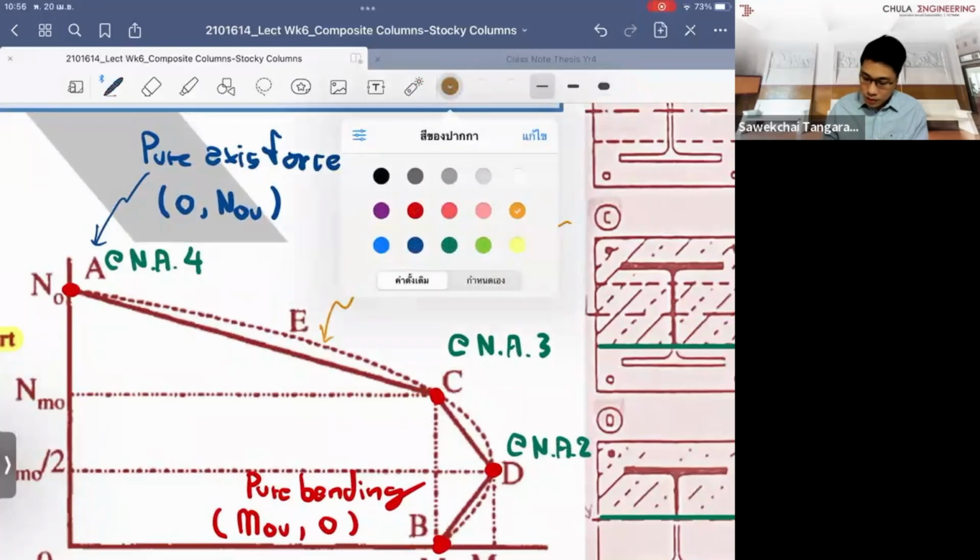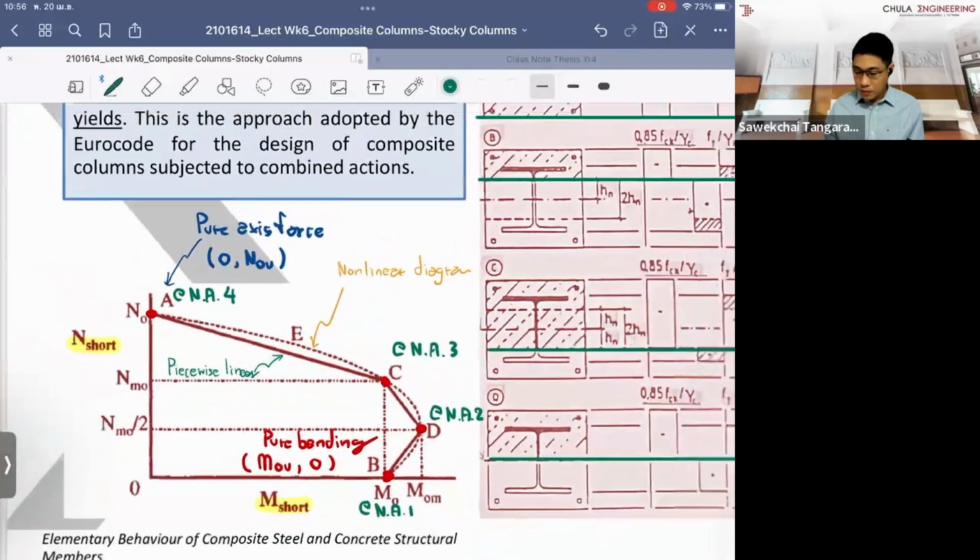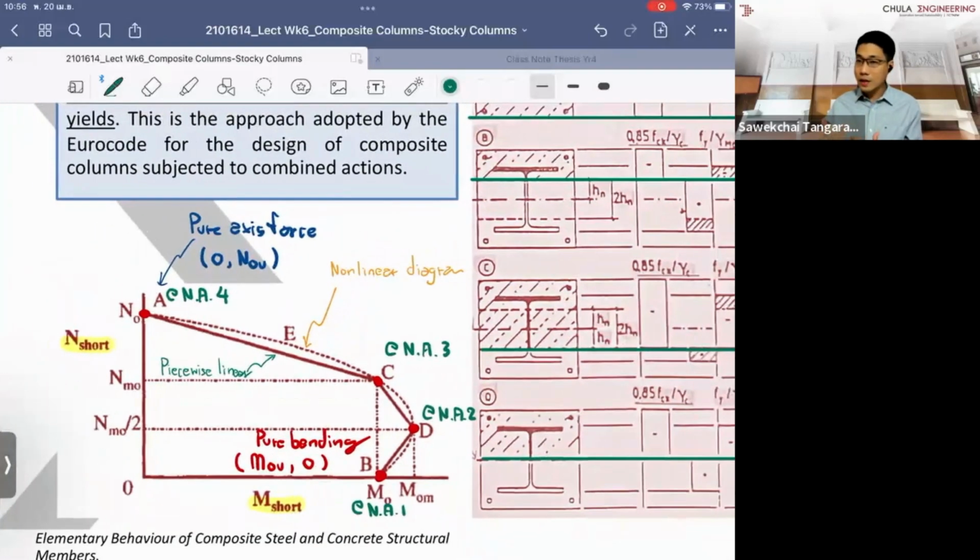And we call the other one at the bottom the piecewise linear, because we approximate the nonlinear diagram by using a couple of points and connecting them by linear lines. That's what we call piece by piece linear, or piecewise linear.